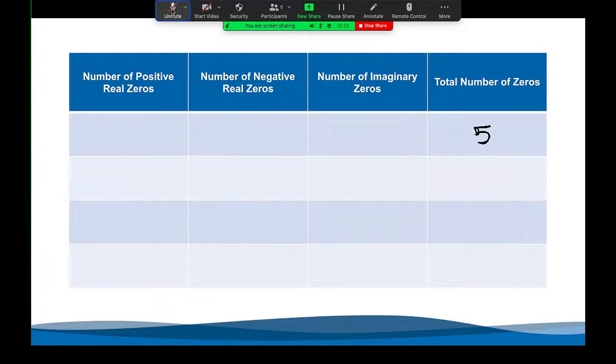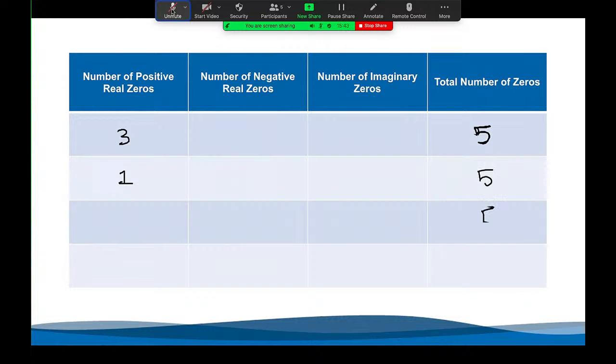Next, we know that we will have either 3 or 1 positive real zeros. And so we can write that here, and then write down below it here. And we can also write in the right-hand column, for the total number of zeros, a 5 all the way down because we know we have 5.